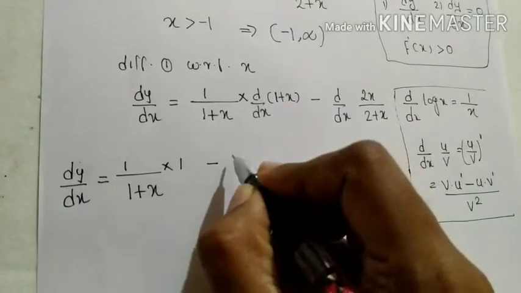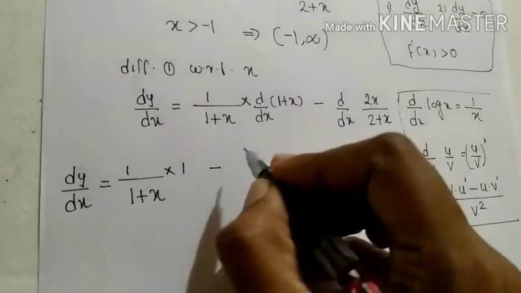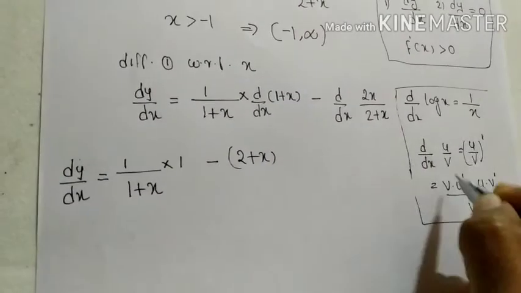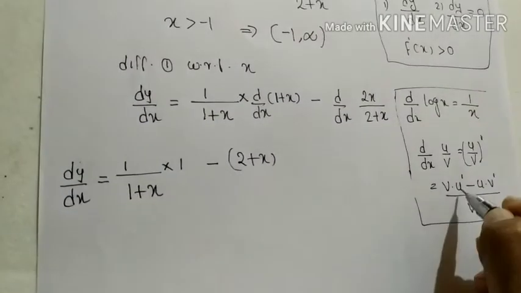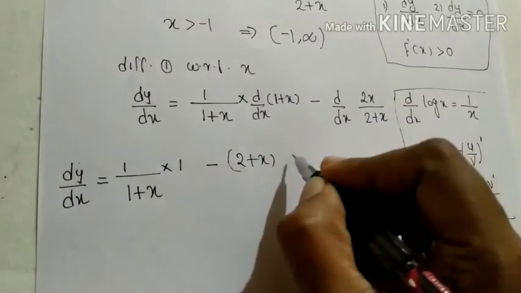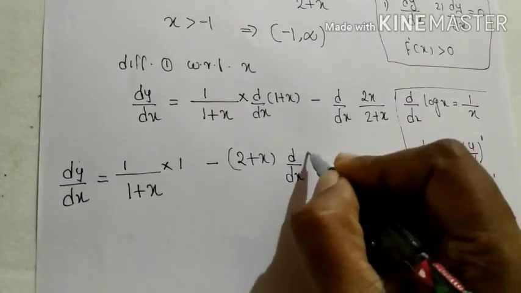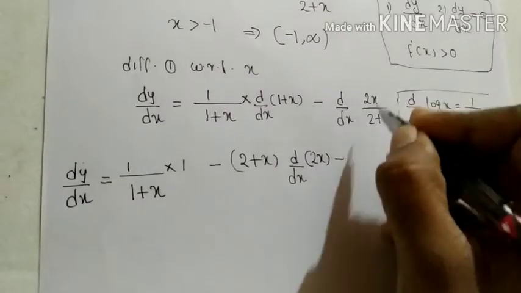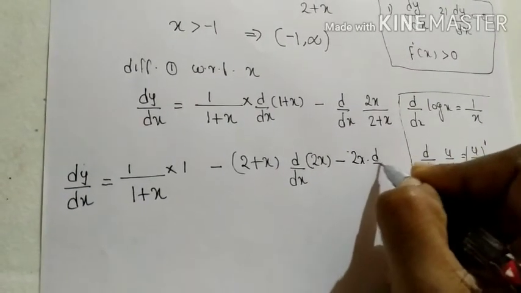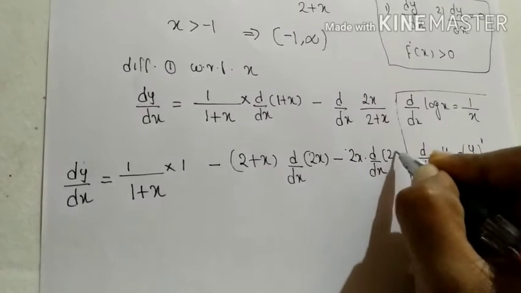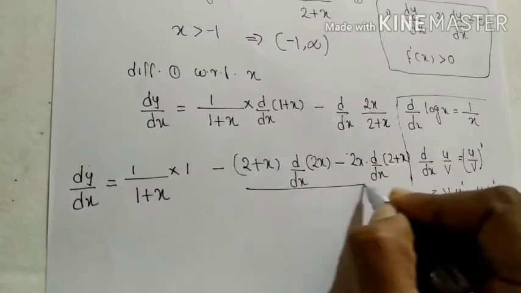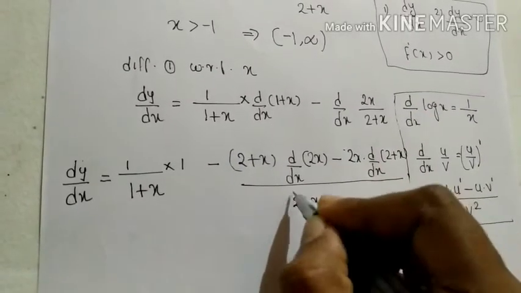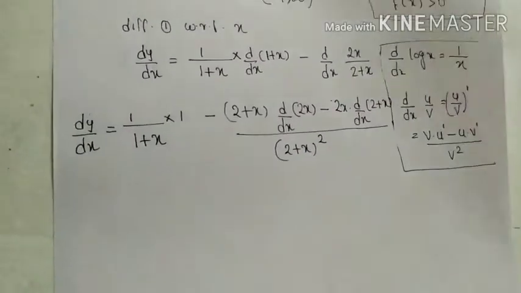So we get 2 plus x, the denominator, into the derivative of the numerator, minus the numerator into the derivative of the denominator, whole divided by the denominator square, that is 2 plus x whole square.